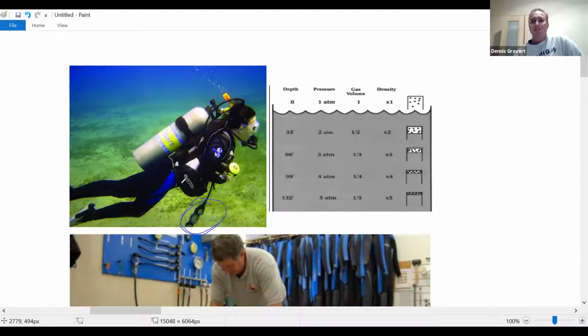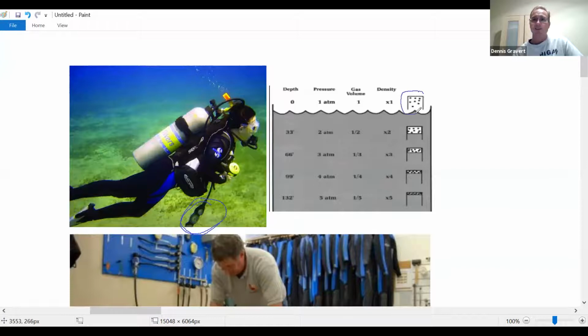Dalton's Law is helpful for a safe dive because as you descend deeper and deeper, the water pressure will actually pressurize the air.